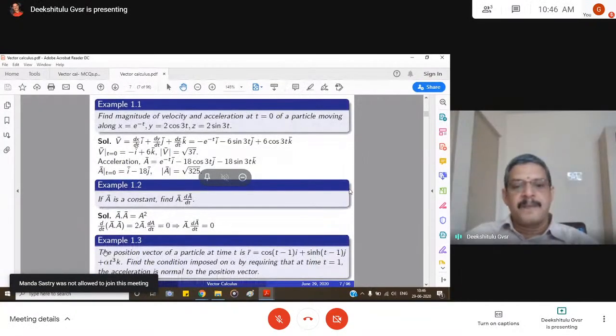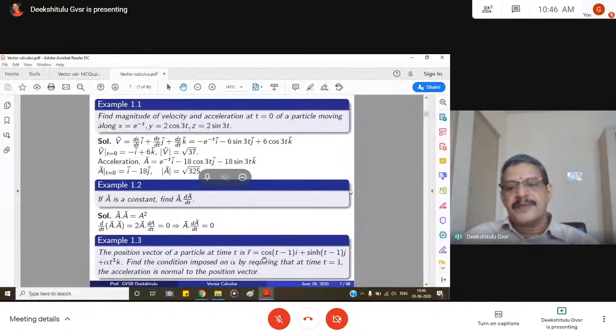The position vector of a particle at time t is r is equal to (cos t minus 1) i plus (sinh t minus 1) j plus alpha t cube k. Find the condition imposed on alpha by requiring that at time t is equal to 1, the acceleration is normal to the position vector.